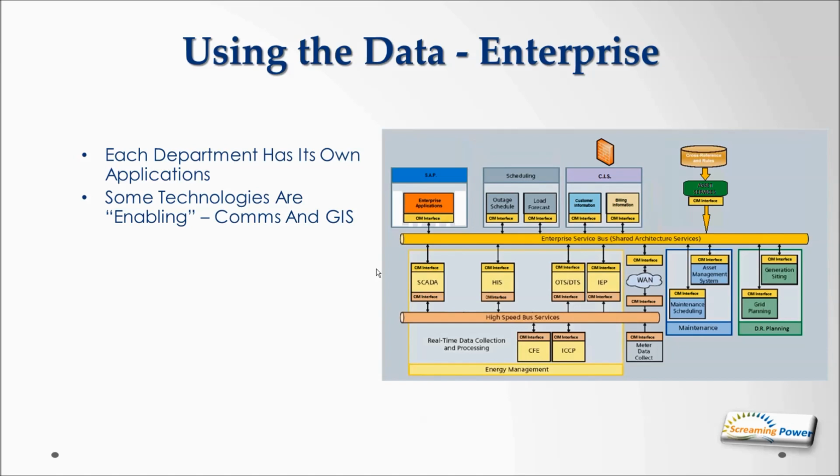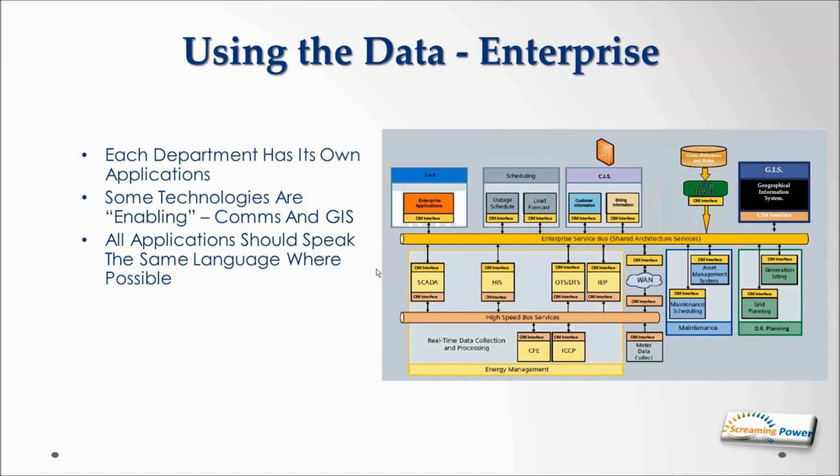As we move into the smart grid, we have some enabling technologies such as communications and GIS, and so we can separate these enabling technologies to support the enterprise as a whole. But the point here is that as we move forward, all of the applications, including enabling and departmental, should speak the same language where possible.